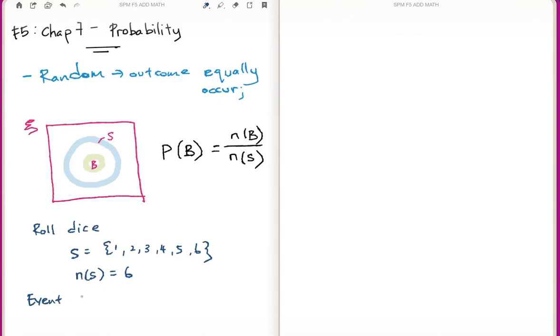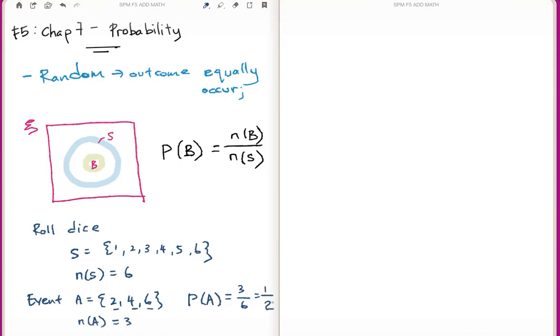Let's say my defined event A is an even number: 2, 4, 6. Therefore my event size is 3, so the possibility of getting event A is 3/6, which is half.